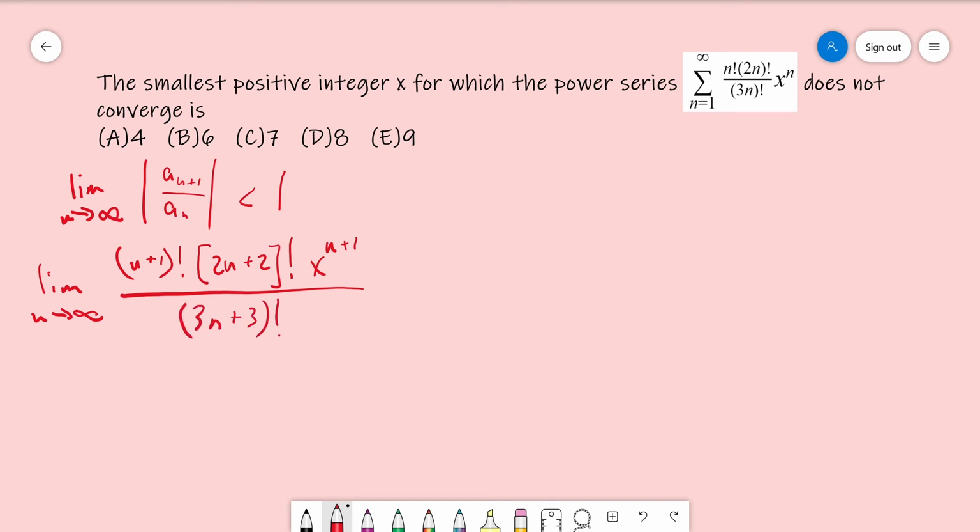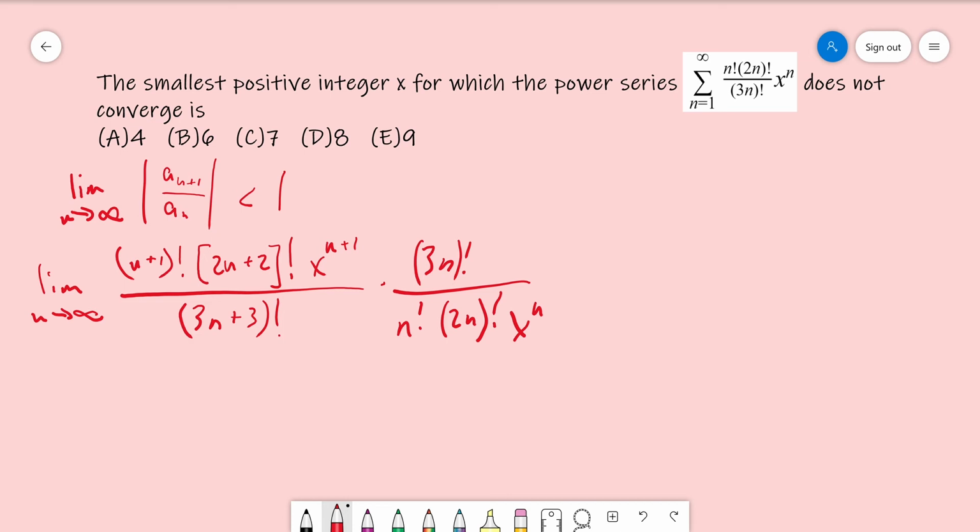And we're going to divide that by the nth term, which is exactly what's written in the problem. Remember, dividing by a fraction is multiplying by its reciprocal, so we're going to get (3n)! in the numerator, and in the denominator we're going to have n!, (2n)!, and x to the n.